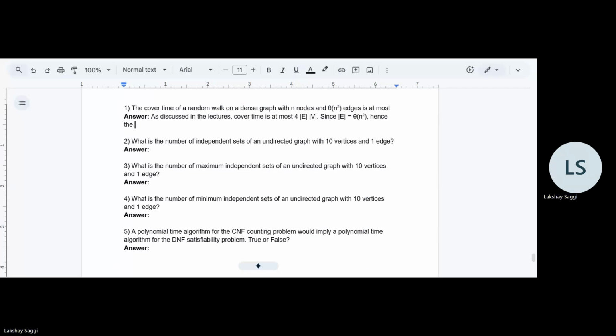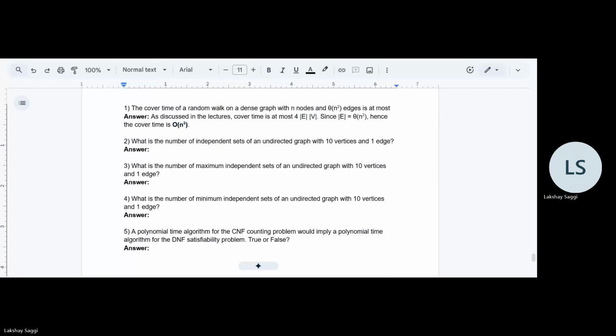Hence the cover time is order of n cube, because n square times n will just be n cube, so it's at most n cube. Maybe not underline, but I'll just bold the correct answer.